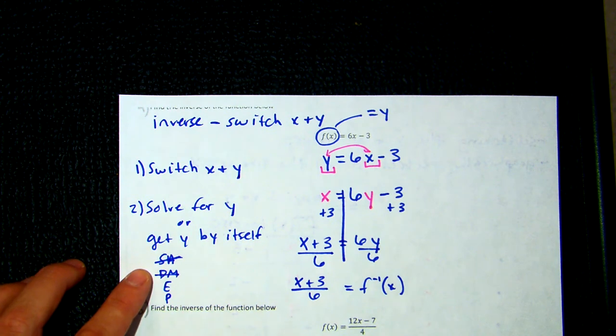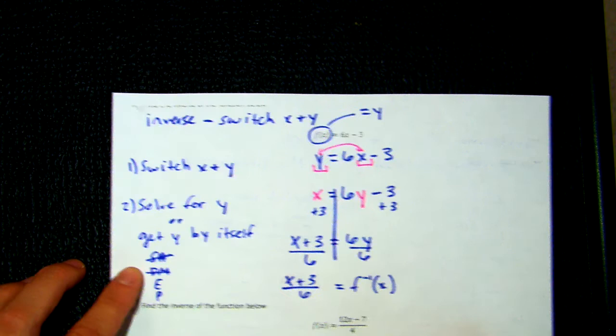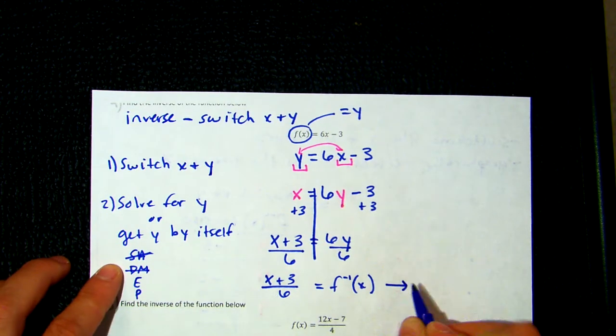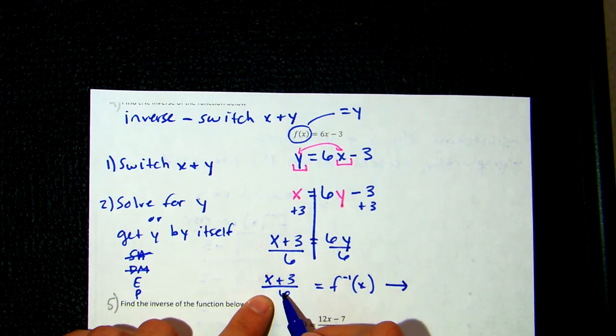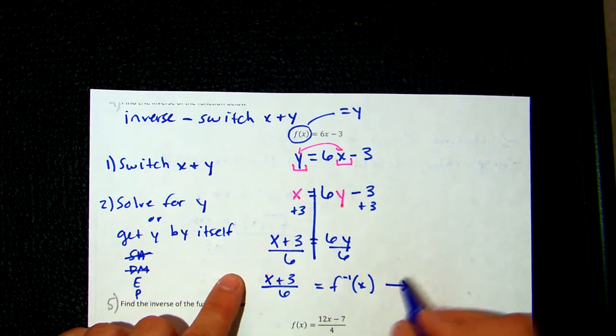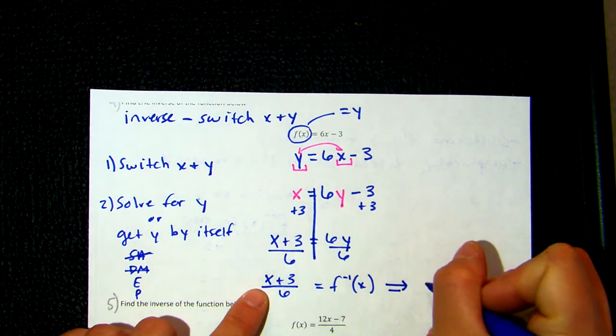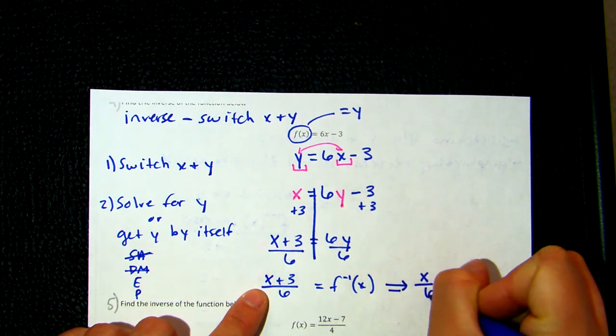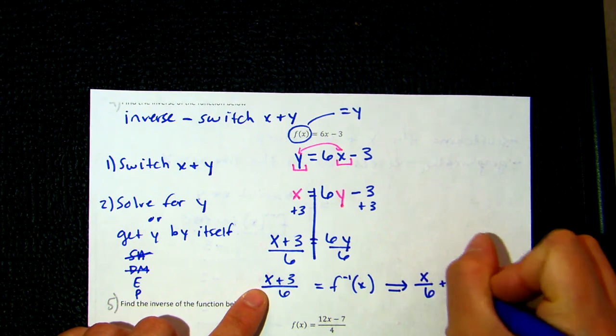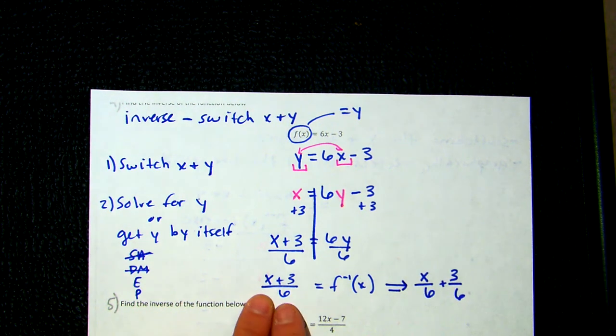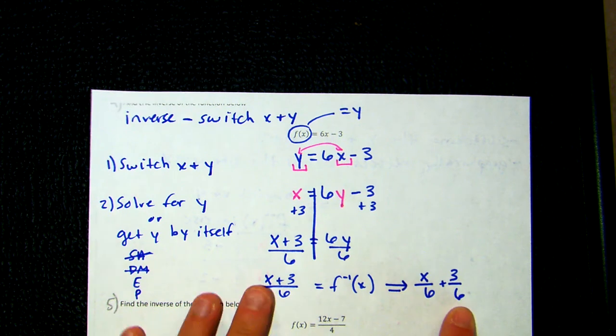Okay. Now, this is a totally correct answer, but we can simplify this a little bit more by breaking this into two fractions. Okay, so this is the same thing as x over 6 plus 3 over 6. Here I just took one denominator and split it into two fractions.